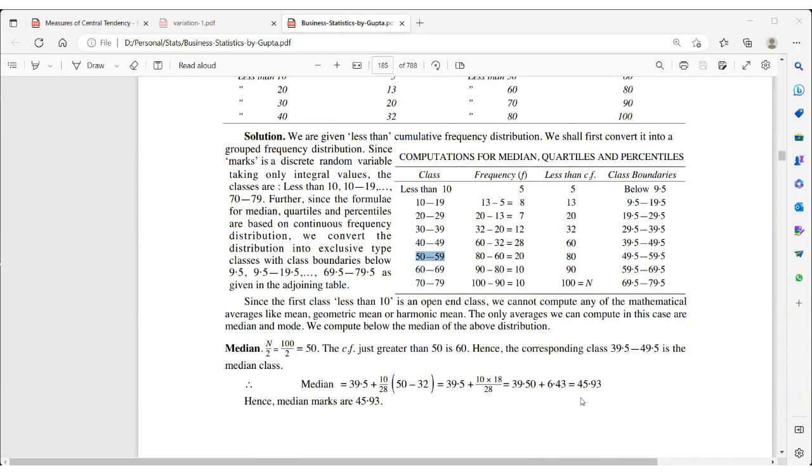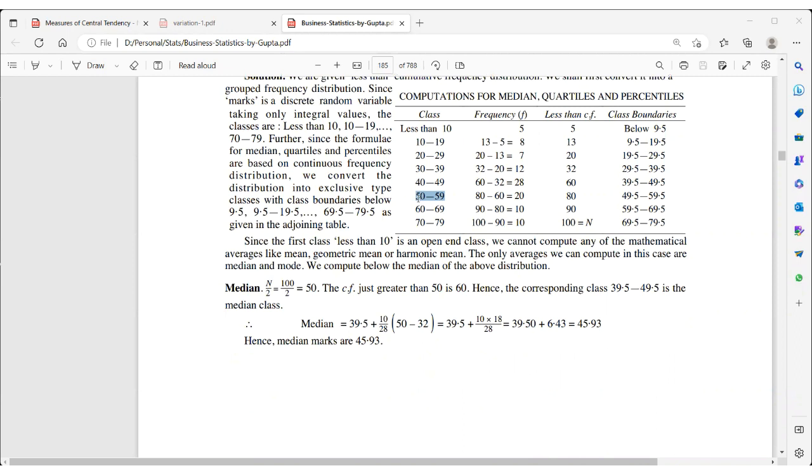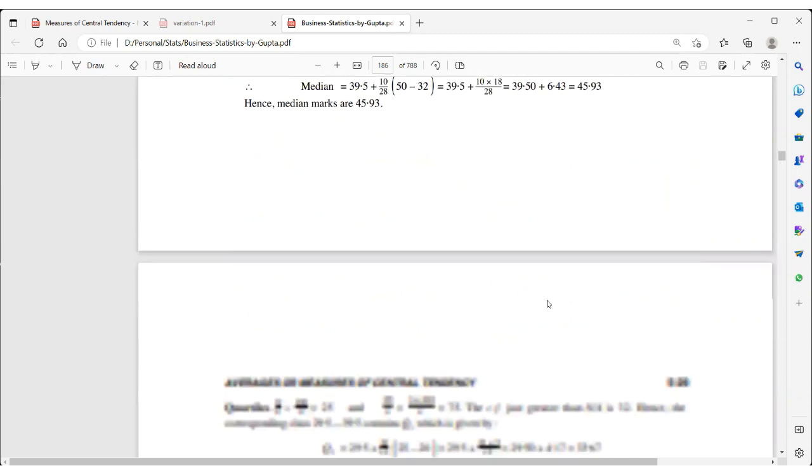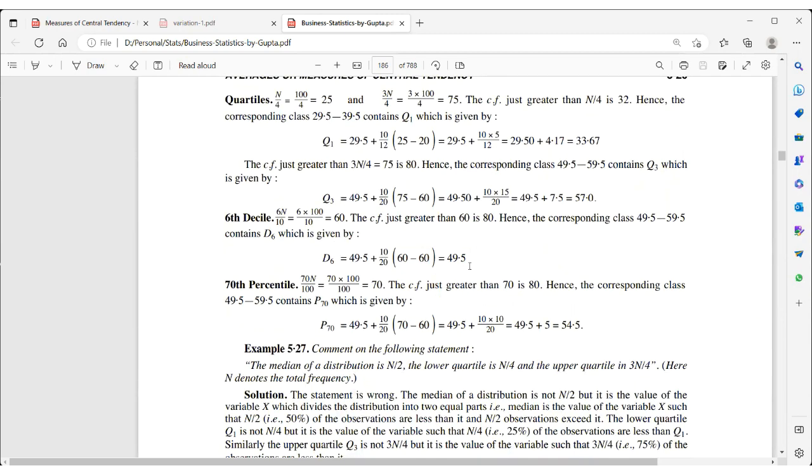That is, L is 40, H is 10, F is 20, CF is 60. We put all values here, we get this value.